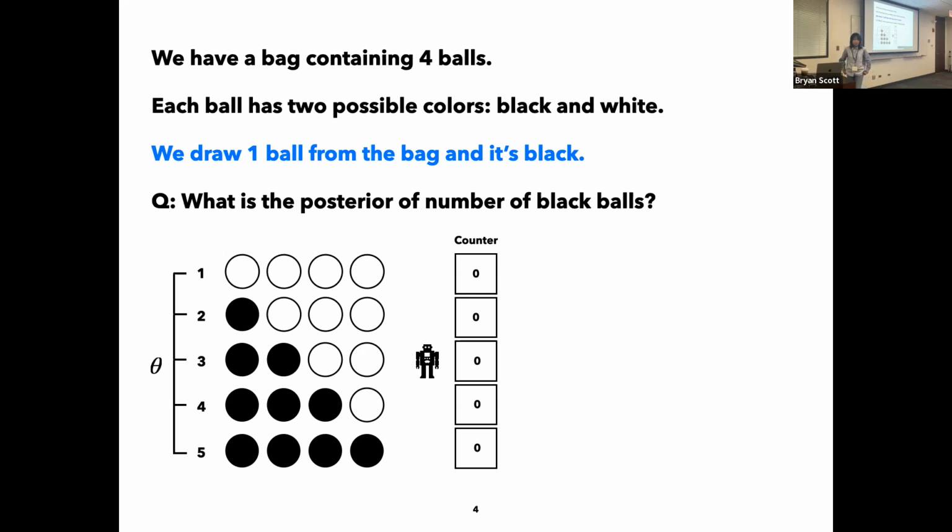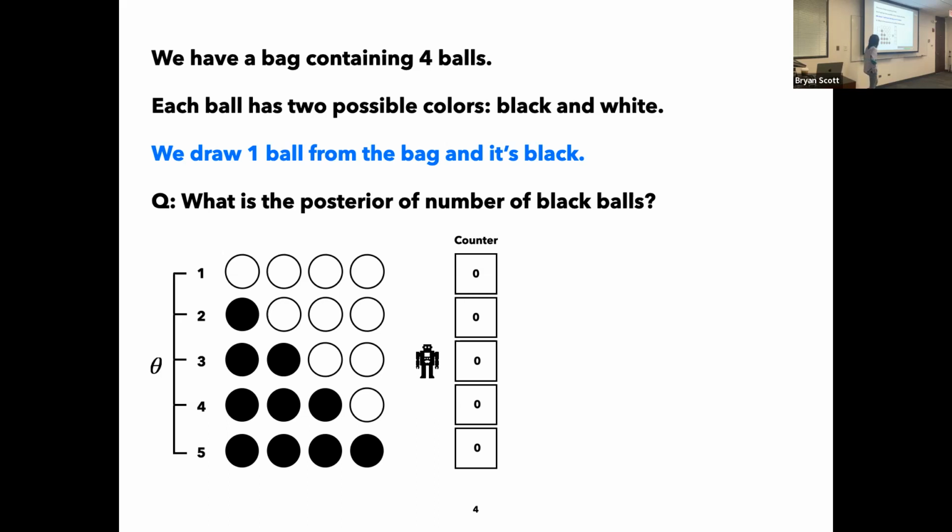So what we could do instead is have a small robot sample the theta space. Our theta here has 5 different states, and we have a sampler, the small robot, to explore this parameter space, and we count how many times the robot visits each state. The idea here is that we want the number of visits per state to be proportional to our posterior.